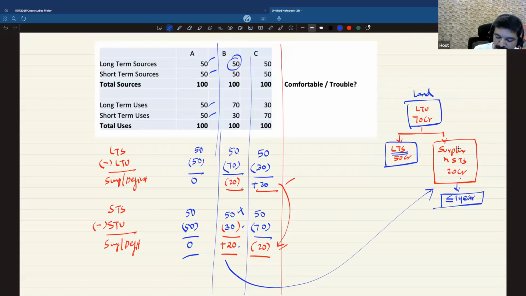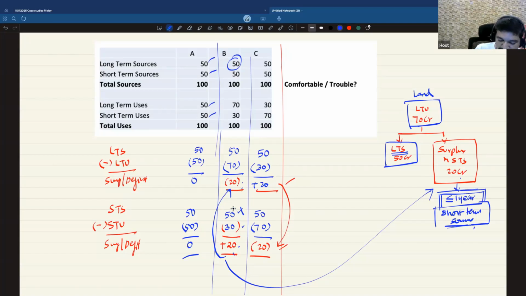And the remaining 20 crore has basically flowed from here to here, right? They had a deficit and the deficit was managed by the surplus. So this 20 crore has actually come from which source? Short-term source. Short-term source means these are all the funds that have to be repaid within a period of 1 year. So this 20 crore I have given for purchasing the land.